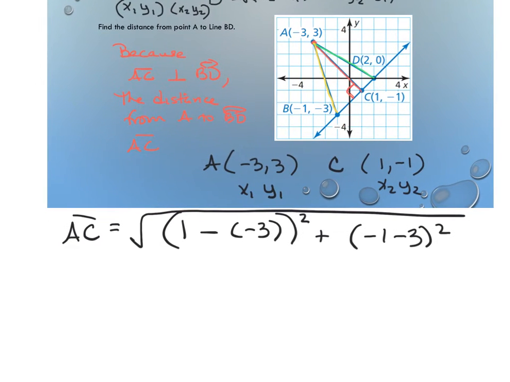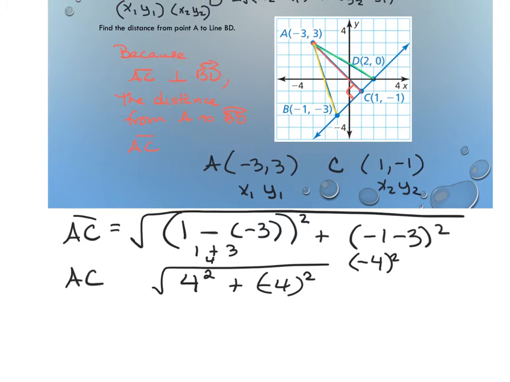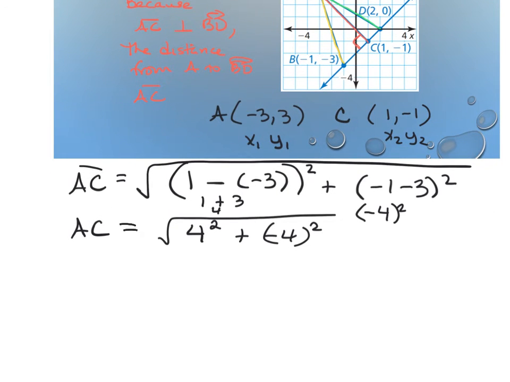So once I do this first parentheses, this really turns into 1 plus 3. So this is 4 squared. This really turns into negative 4 squared. I'm going to square them, add them, and square root. 4 squared is 16. Negative 4 squared is 16. I'm going to add them.